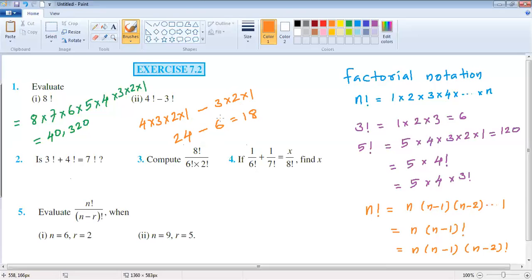Next question देखो, is 3 factorial plus 4 factorial equal to 7 factorial?